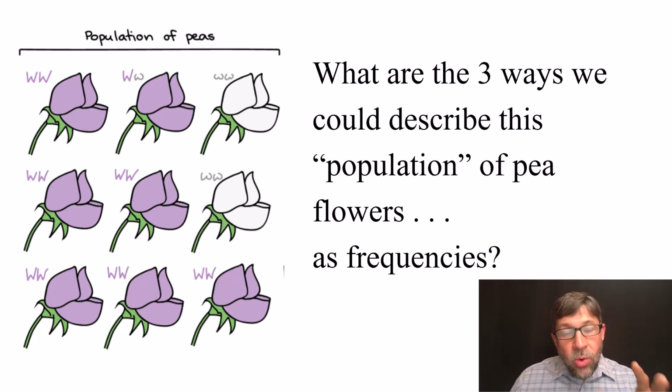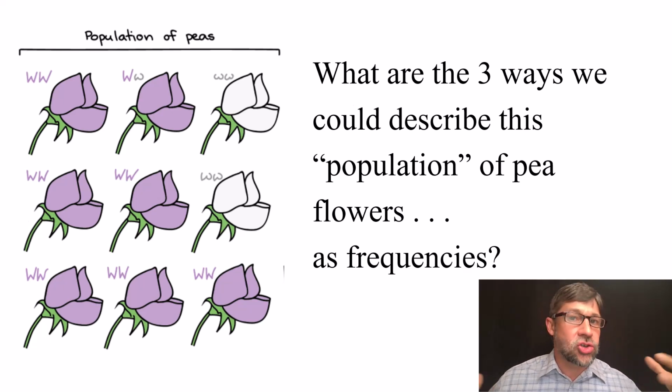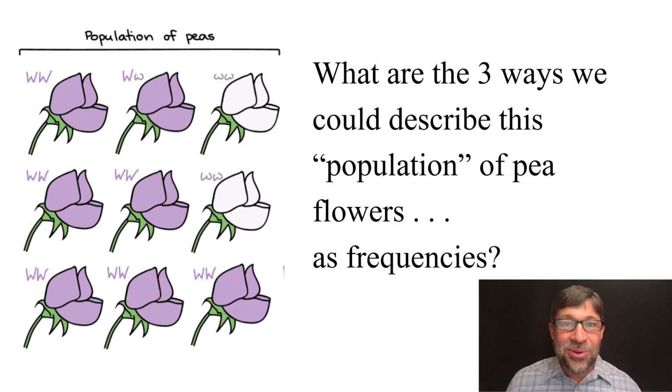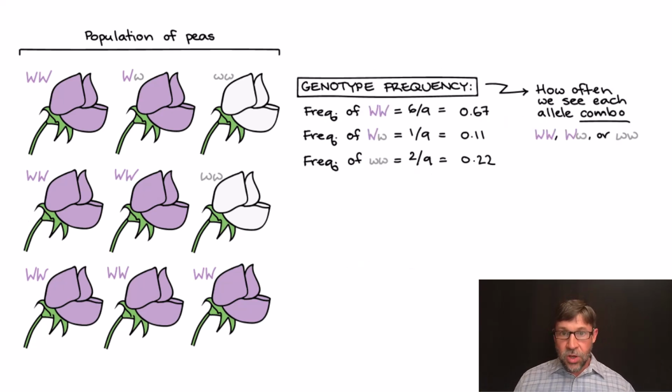All right, so now I want you to think about how we can describe genetic variation. And we're going to look at a population of Gregor Mendel's beloved pea plants here. So we have 9 pea plants with different flower phenotypes. How can we describe the variation that we see in this population? First off, we can think about genotype frequencies.